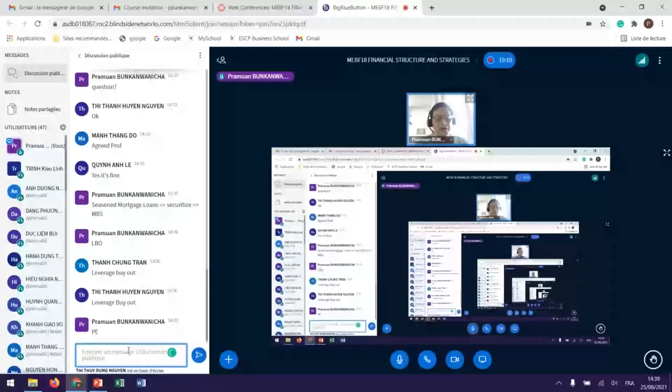Either they exit, obviously at a higher price, to another company, or they can do an IPO and make it available and listed in the stock market, and repay the leverage to the bank that they borrowed from. Okay, so we have LBO.